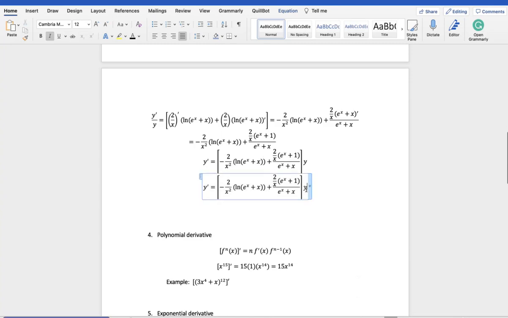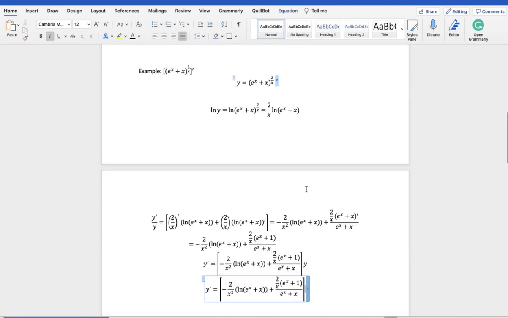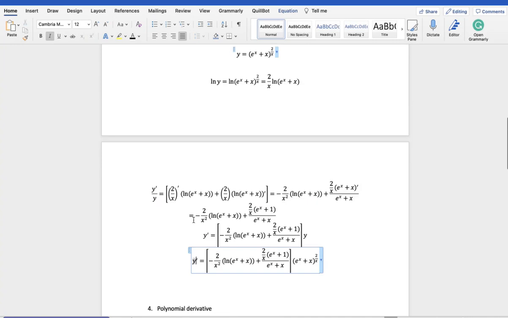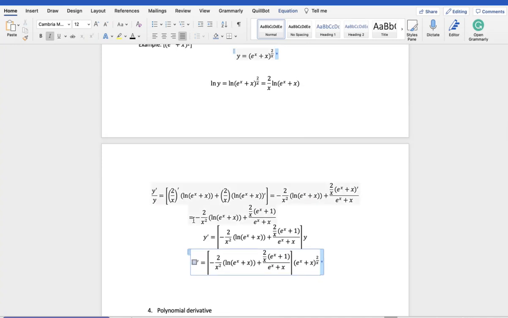So you can just substitute y by its value there, and this is what your final form for the derivative of y is. And even on the left-hand side, you can substitute y with what it's supposed to be.